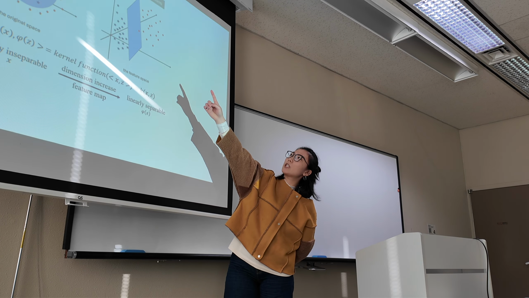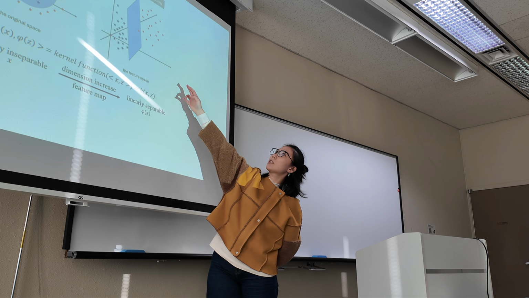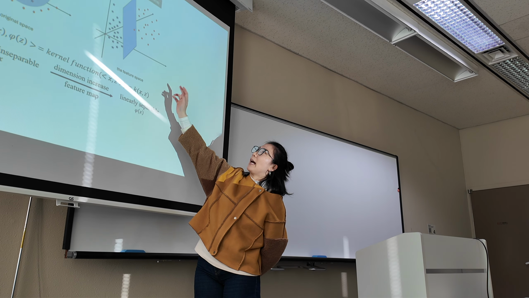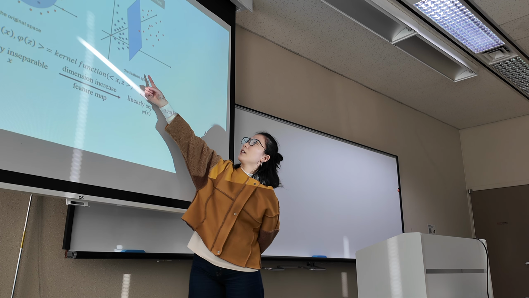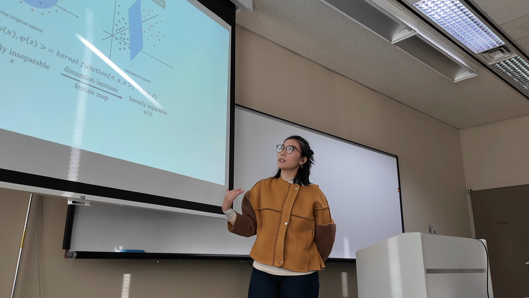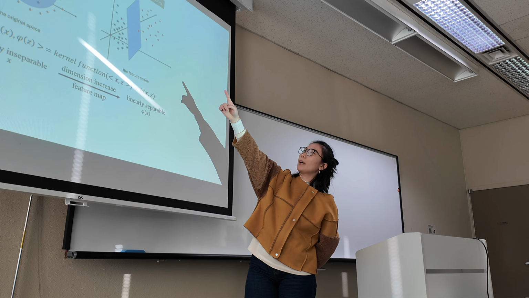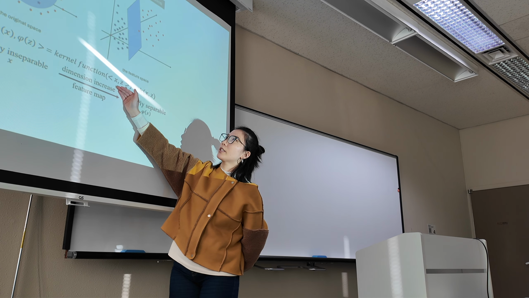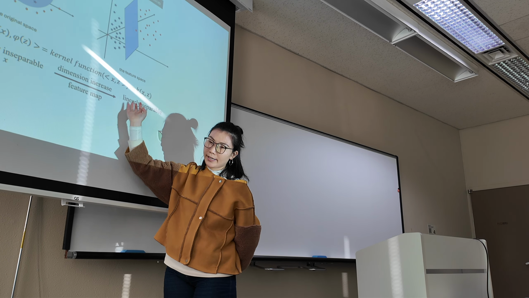But we can use a feature map to project the data into a three-dimensional space. Now we can separate these two classes by a flat plane, which is a linear problem. It is simplified. The feature map is realized by the kernel function. This is called the kernel method, and the equation is listed here.